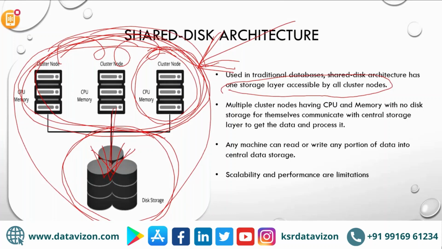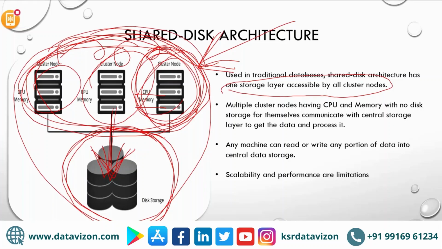The second point says multiple cluster nodes have CPU and memory with no disk storage. Every cluster has its own CPU and memory, but no data storage of its own, so all the clusters use the same disk storage.